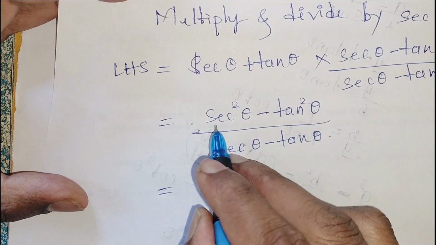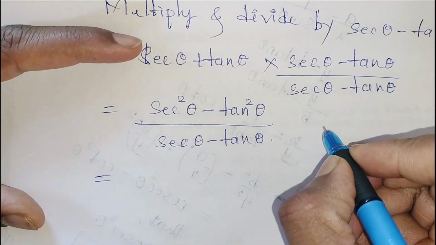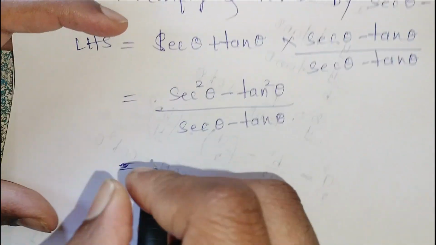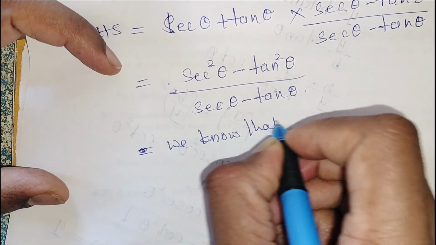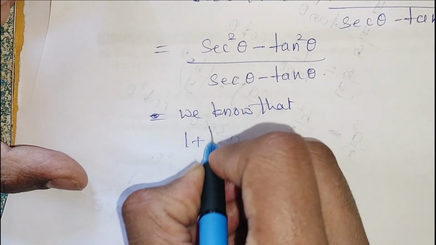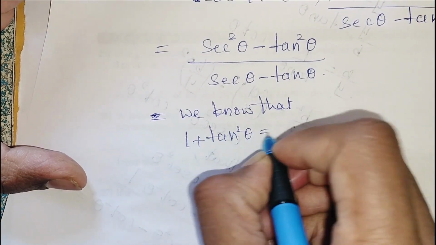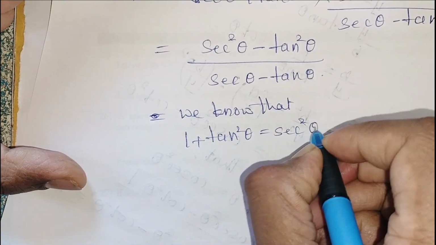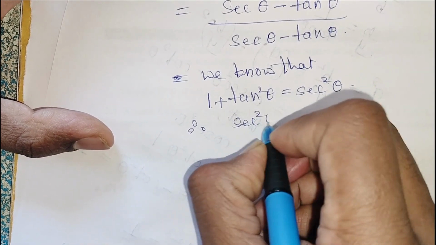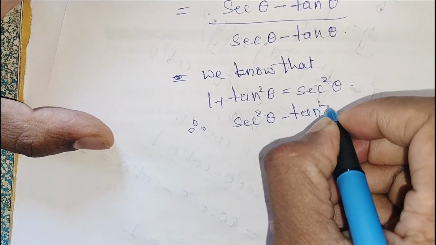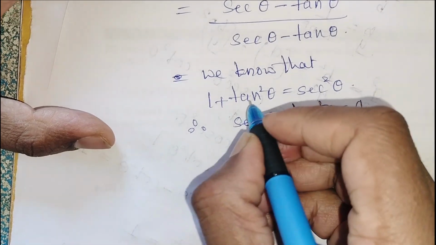We know that 1 plus tan square theta equals secant square theta, and therefore secant square theta minus tan square theta becomes 1.